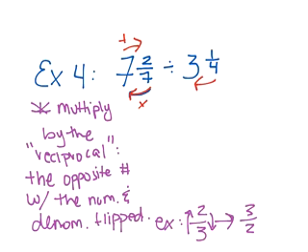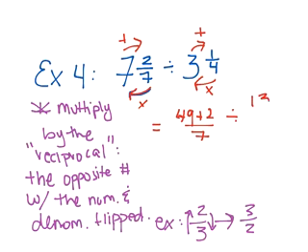Same thing here, multiply and add. So I have 7 times 7 is 49, and 49 plus 2 over 7. I'm going to be dividing. 4 times 3 is 12, plus 1 is 13, so 13 over 4. 49 plus 2 gives me 51. 51 over 7 divided by 13 over 4.